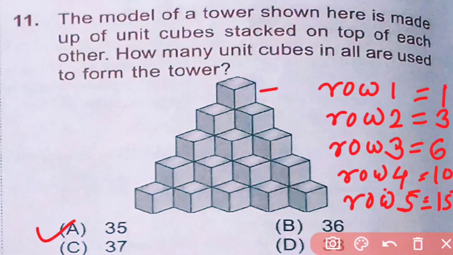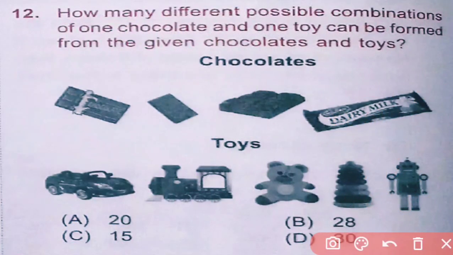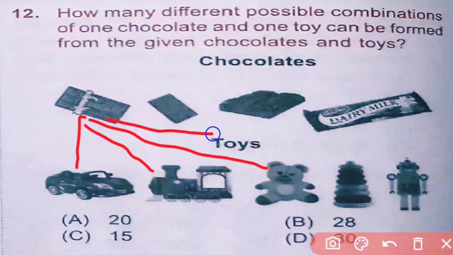Question number 12. How many different possible combinations of one chocolate and one toy can be formed from the given chocolates and toys? There are total 4 chocolates and 5 toys. So with this chocolate, these 5 combinations are possible.